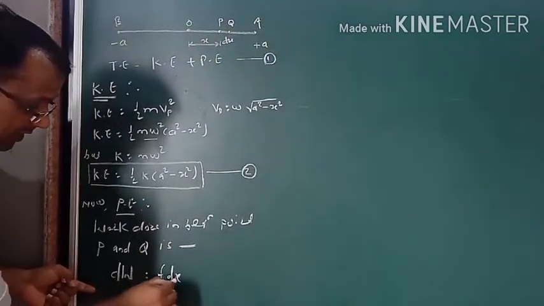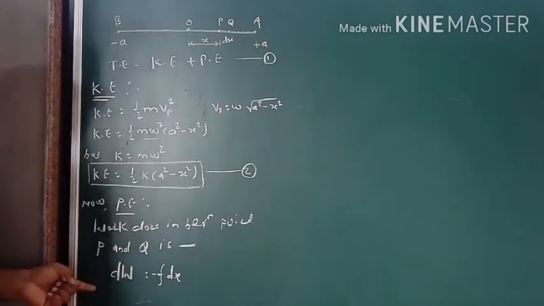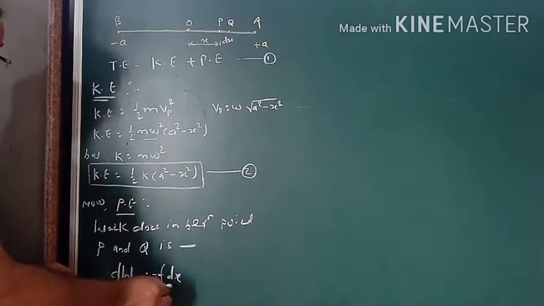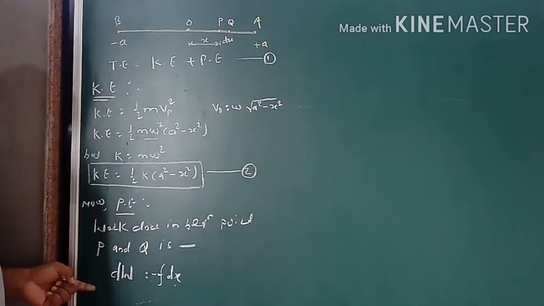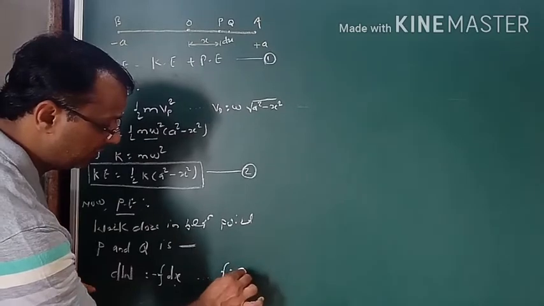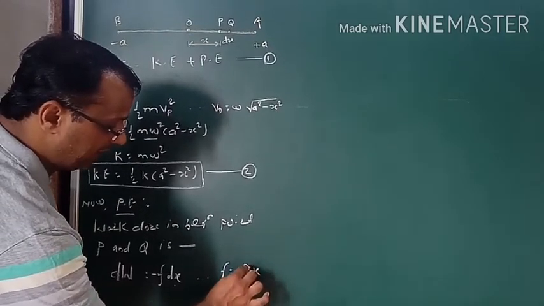So in between we give the negative sign. The negative sign indicates that the restoring force and displacement are opposite to each other. The value of the internal restoring force is F equal to simply minus Kx.